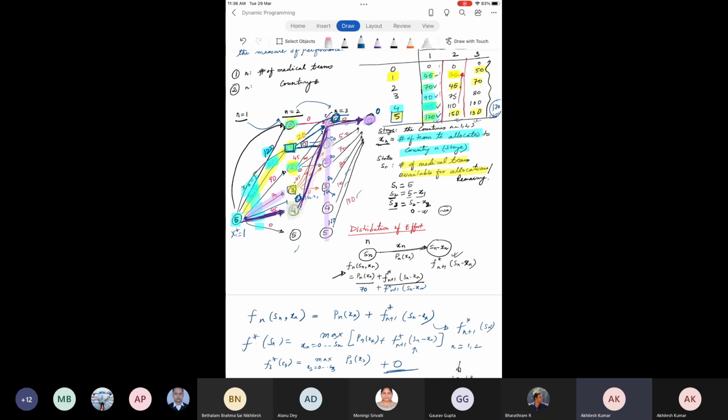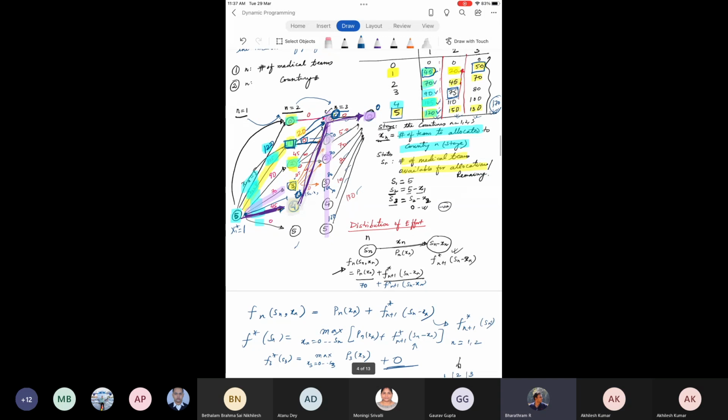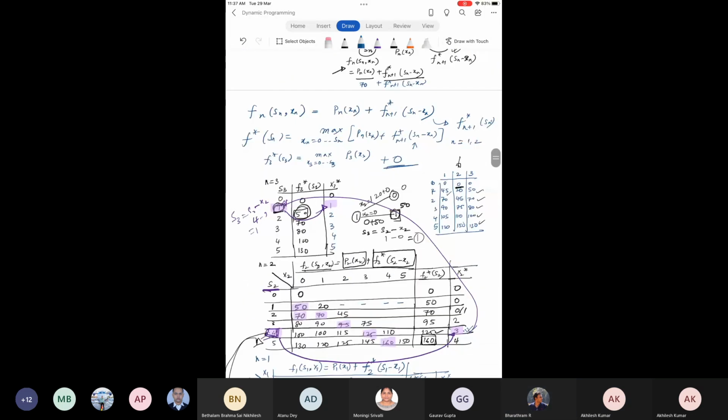Let's look at other combinations. So the only possible combination, if you look at it: 110 if you are allocating 3 teams here, 75, one team for country 1, 45, and one team for country 3. That will add up to 170. Just check if it is true or not. Based on this one, we are making this decision. When I was in this stage, I had these many options.